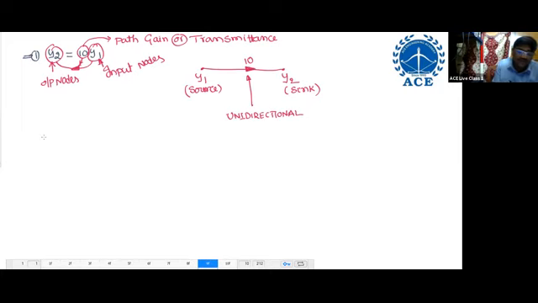Second problem, solve it. Y4 equals 2Y1 plus 4Y2 plus 6Y3.